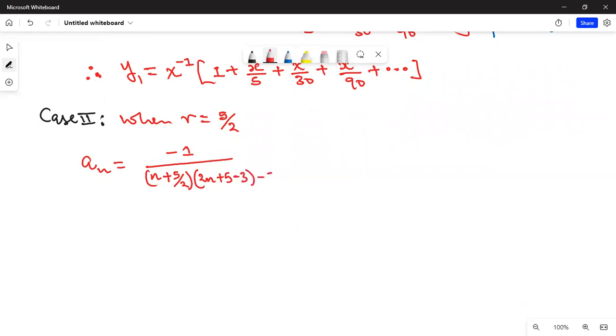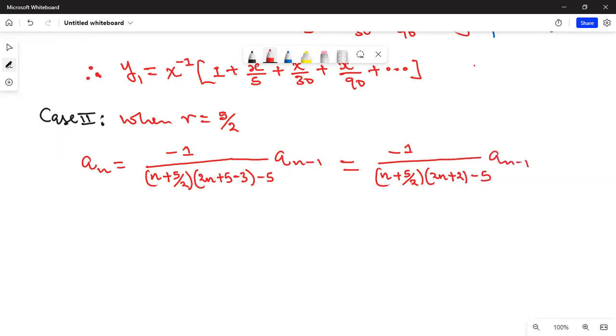Then there's another minus 5 a_{n-1}. If you simplify this further, we get -1 over n plus 5 over 2, and they multiply 2n plus 2, then minus 5 times a_{n-1}.